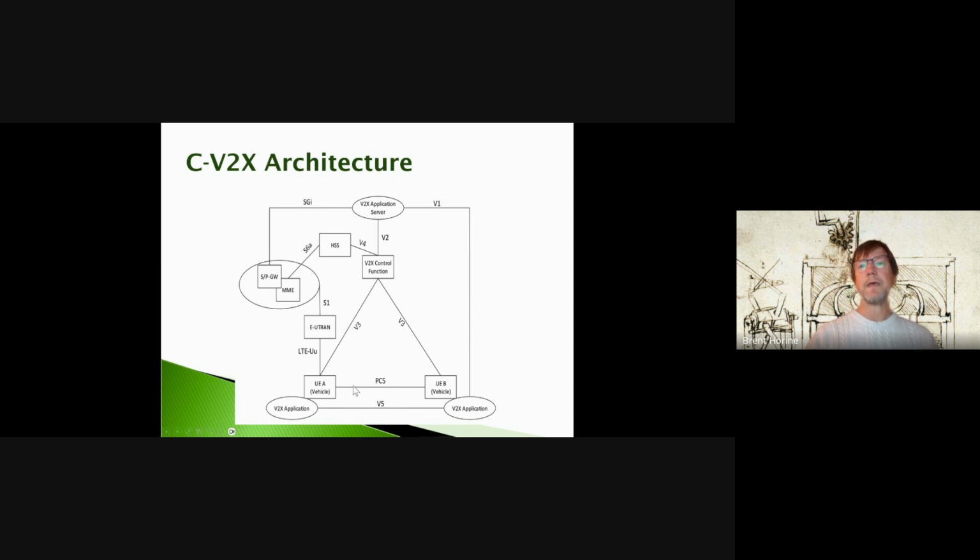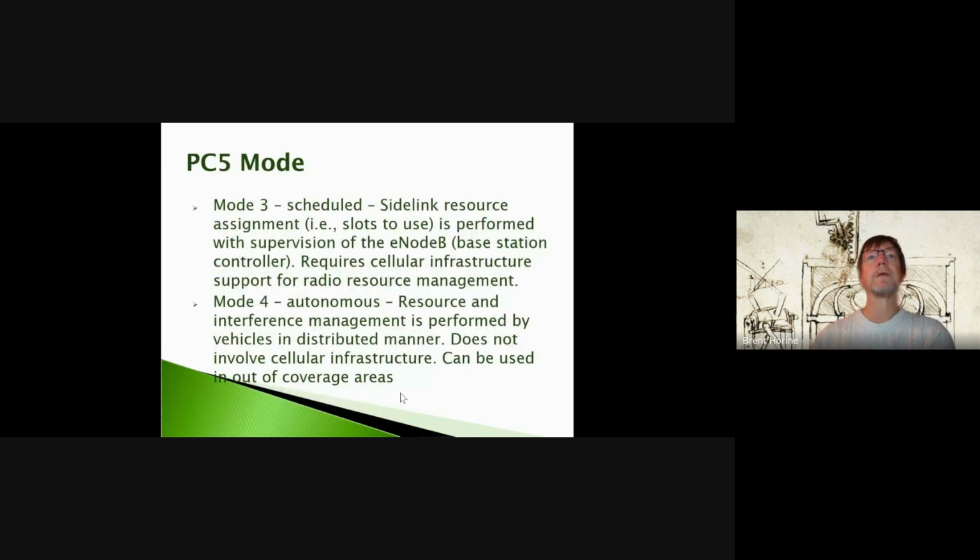So UE A is broadcasting its information, UE B is broadcasting its information, and they're both listening to each other, right? But not necessarily a full-blown connection setup like you would on a call when you call your friend or something, right?